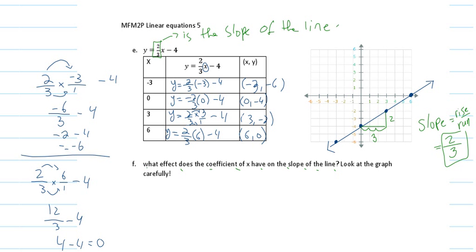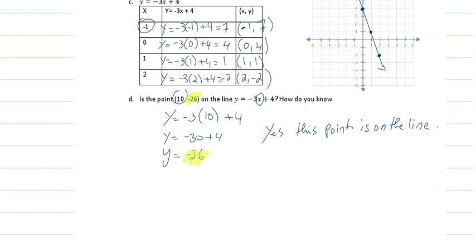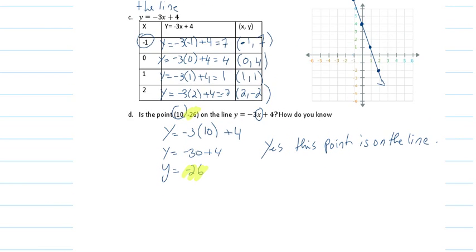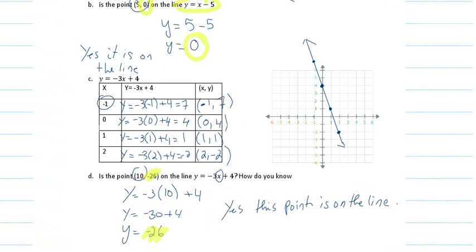Let's find out if it's actually going to work every time. I want you to go back to the previous page. And let's look at this. This line right here, increasing or decreasing? Decreasing. We know that it's decreasing because from left to right, it's going downhill.